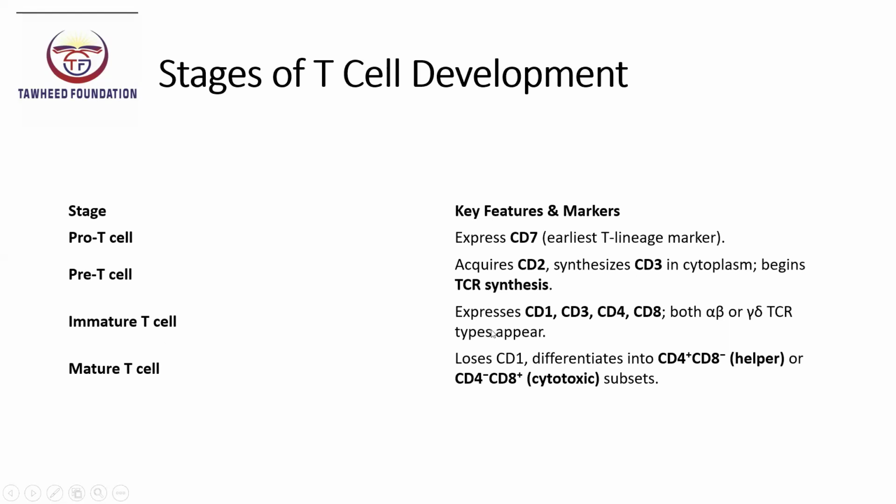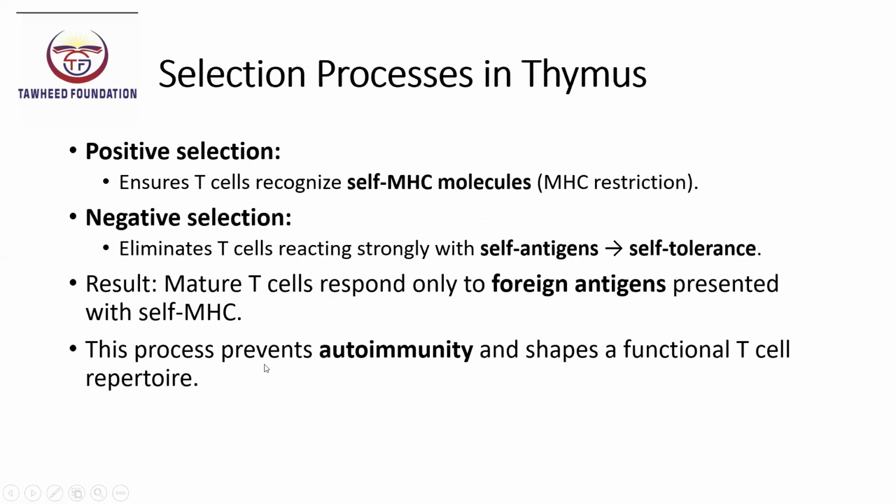Immature T cell expresses CD1, CD3, CD4, and CD8, and develops into either alpha beta or gamma delta T cells. Mature T cell loses CD1 and differentiates into CD4 plus helper or CD8 plus cytotoxic T cell, ready to exit the thymus. These stages ensure proper development and functional competence.